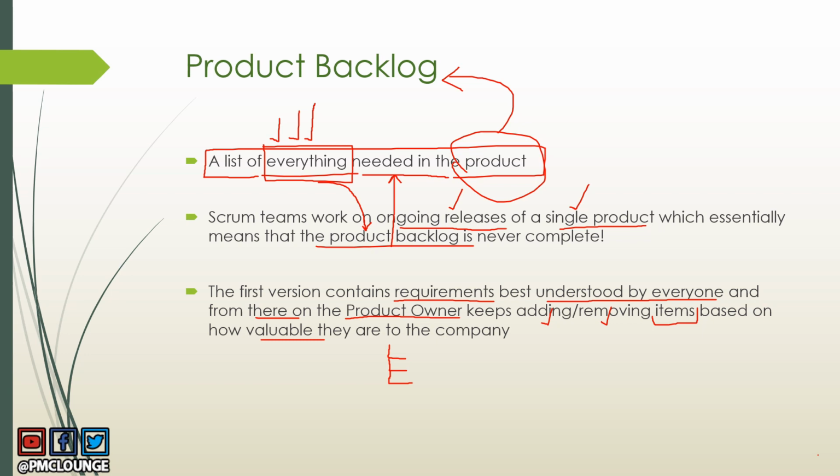A very important point to understand here is the fact that a product backlog is never complete. A good example: Windows 10 was supposed to be the last major version of Microsoft Windows. But Windows is now going to be upgraded to Windows version 11 because some of the product backlog items might be too huge to be accommodated in a minor release like 10.x.y.z.